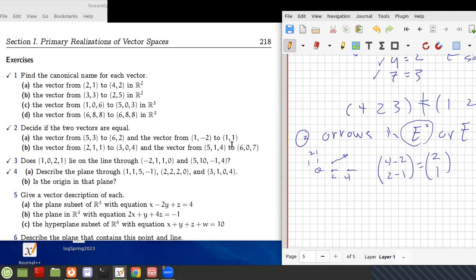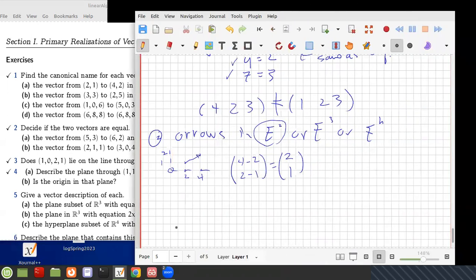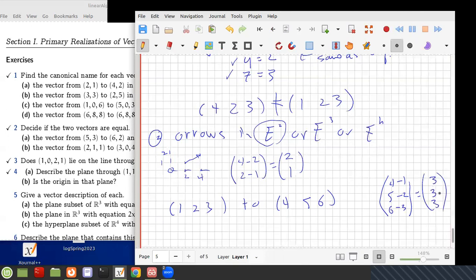Could we discuss how to approach 2D if we had two vectors that have 3 entries? Well, it's going to be the same way. Just to do a problem similar to that, if we had the vector from (1, 2, 3) to (4, 5, 6), its canonical name is going to be 4 minus 1, 5 minus 2, and 6 minus 3, which equals (3, 3, 3), right?